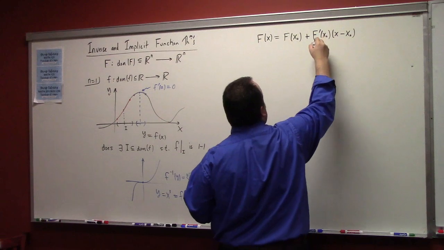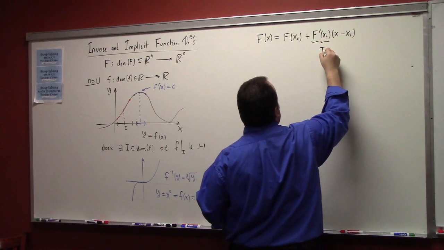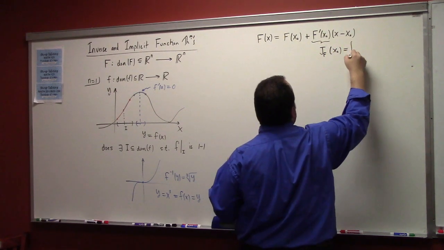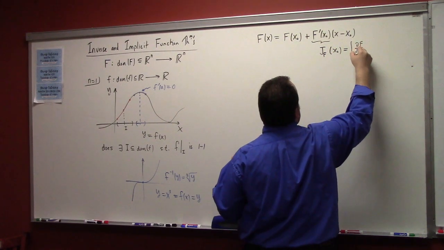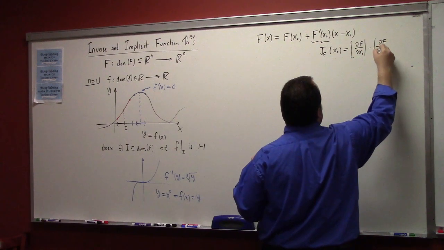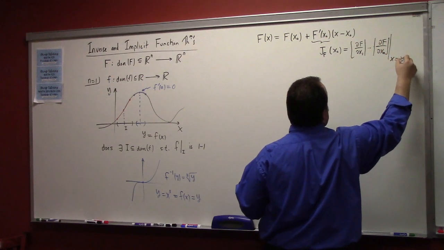Here, this is Edwards' notation for the Jacobian of f at x naught. It's literally partial f partial x1 through partial f partial xn at x equals x naught.